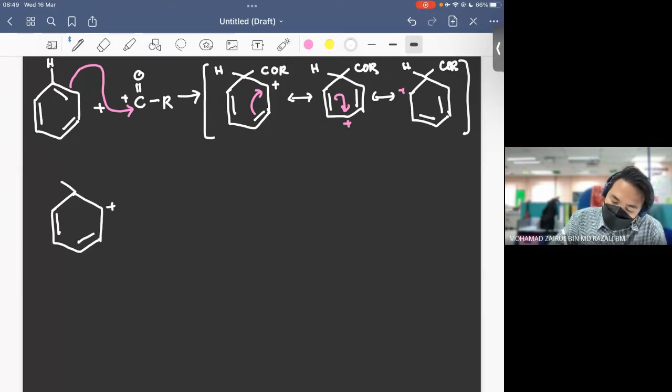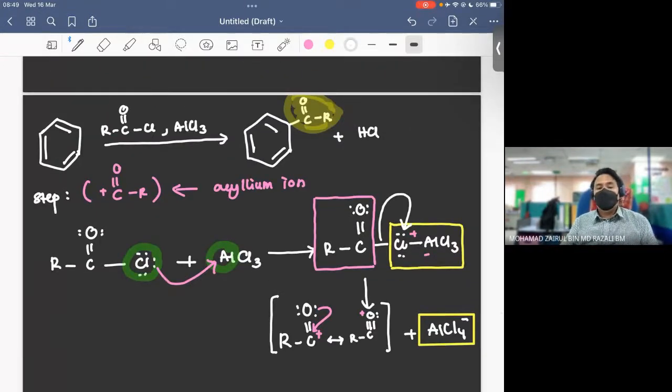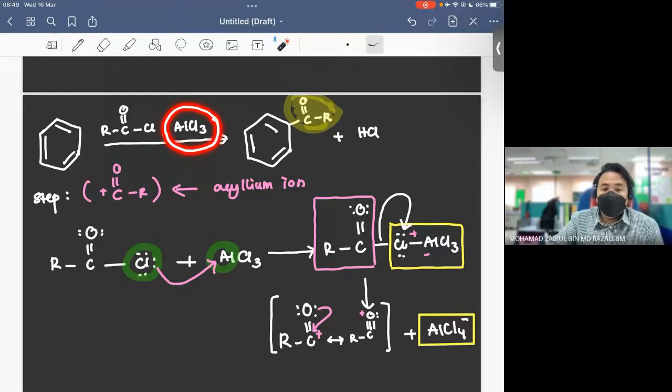So yang ini saya buat C1 OR balik lah. Yang awak nampak. Okay. So sekarang kita nak remove hydrogen tu. Okay. Kita kena ingat. Siapa je catalyst yang kita gunakan dalam reaction? Catalyst yang kita gunakan dalam reaction adalah AlCl3. Awak tengok during the first step, AlCl3 tu dah bertukar jadi AlCl4-.